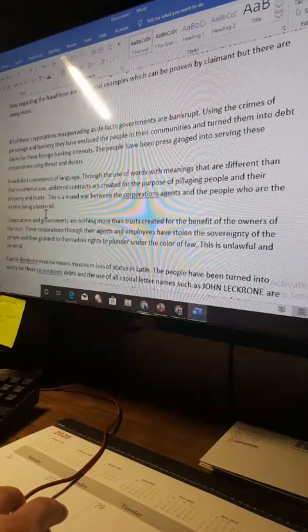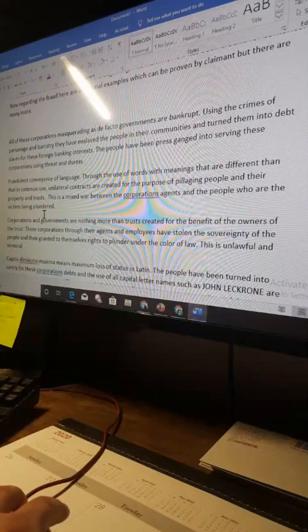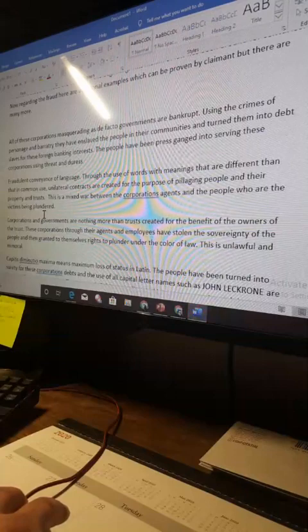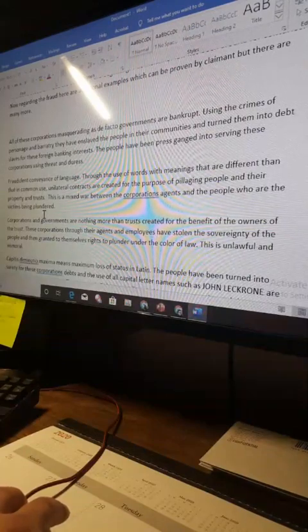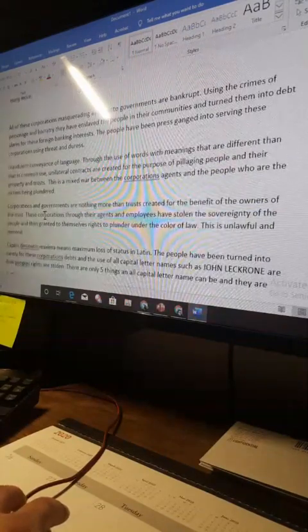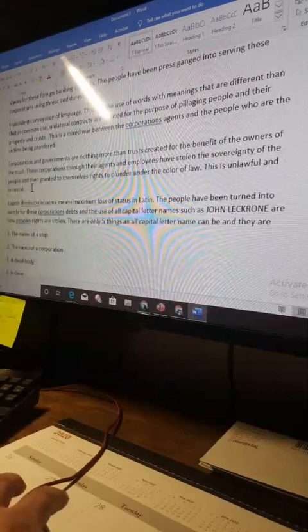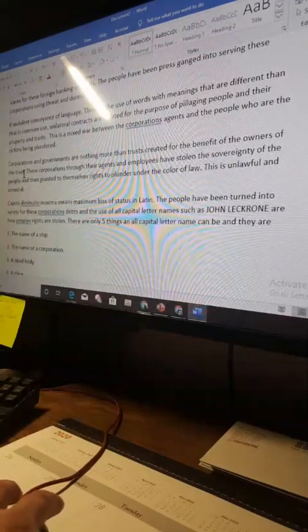Fraudulent conveyance of language through the use of words with meanings that are different than that in common use. Unilateral contracts are created for the purpose of pillaging people and their property and trusts. This is a mixed war between the corporation agents and the people who are the victims being plundered.